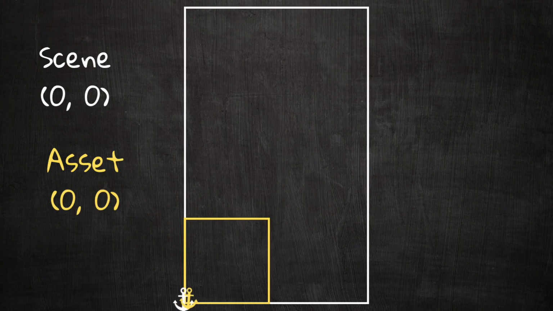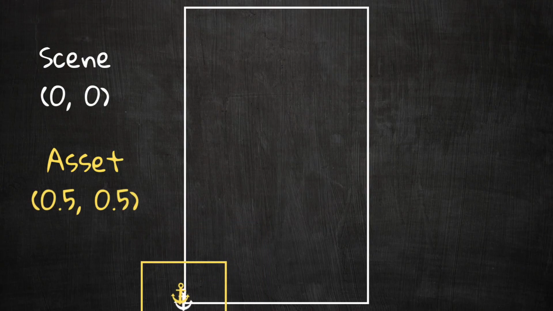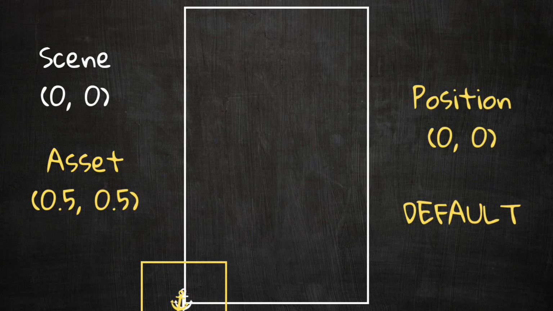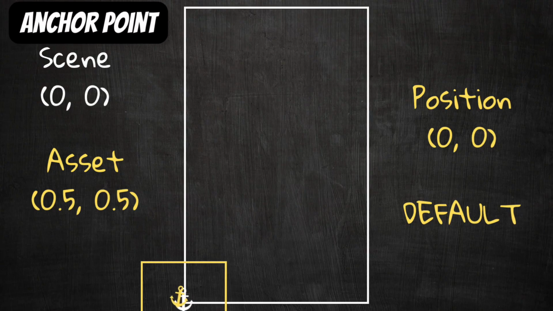If we change the asset back to 0.5, 0.5, you will see that now only 1/4 of the asset is visible in the scene. That's because we haven't set the asset's position yet, which is by default set to 0, 0. But don't confuse it with the scene's anchor point 0, 0.